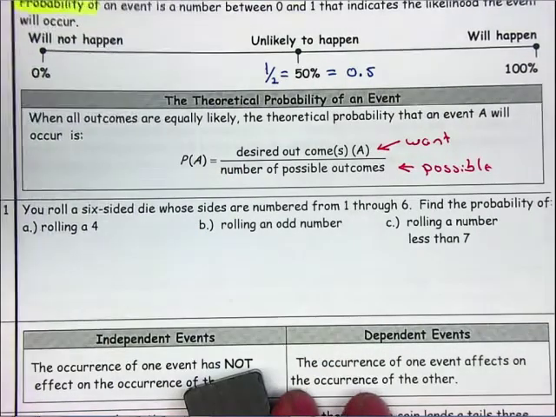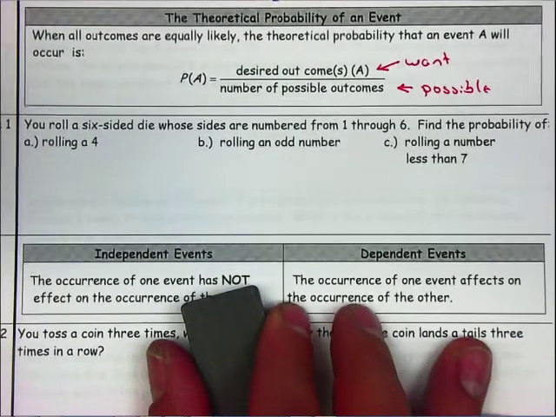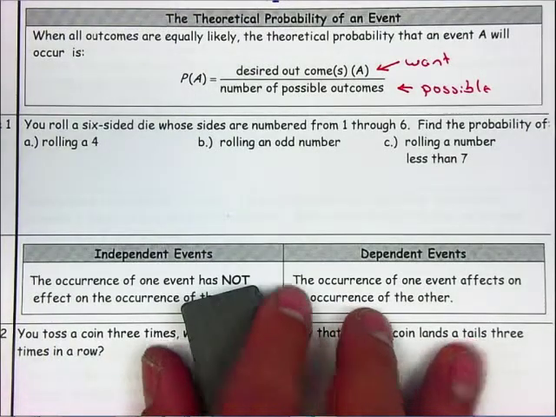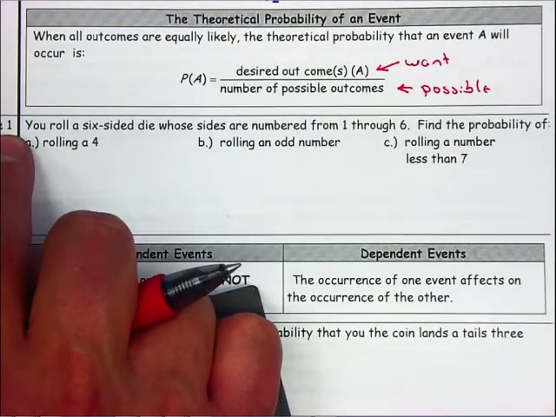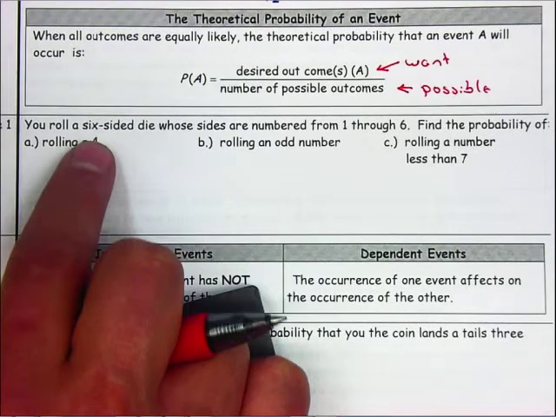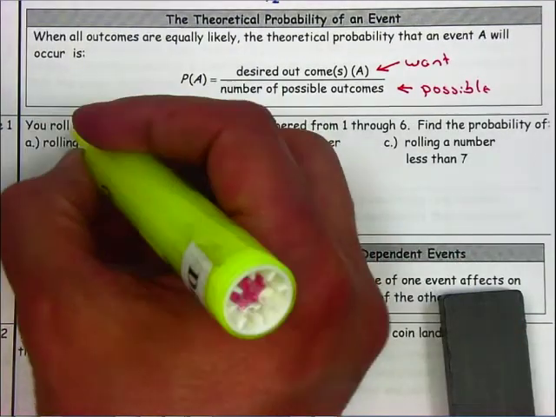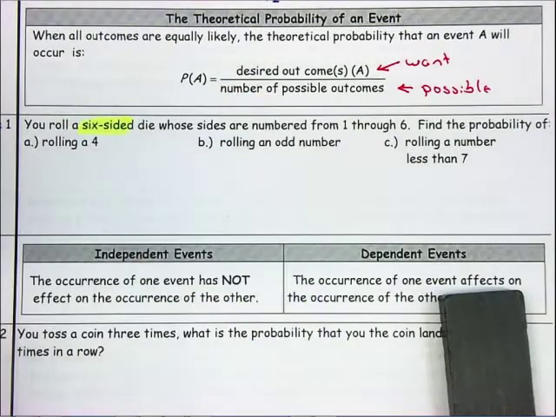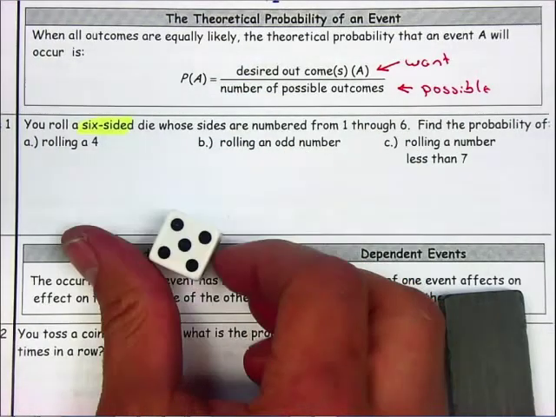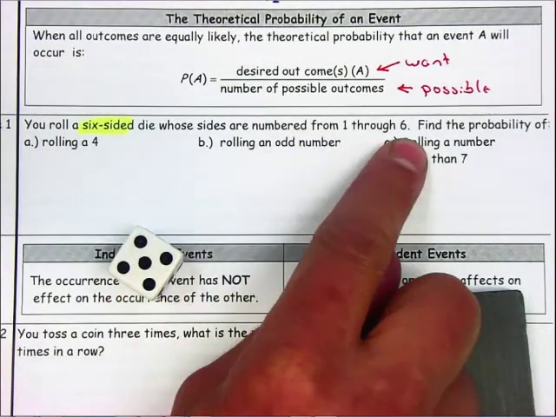So let's start with example 1. You roll a 6-sided die. So we have a 6-sided die, and I have one right here, with numbers 1 through 6.